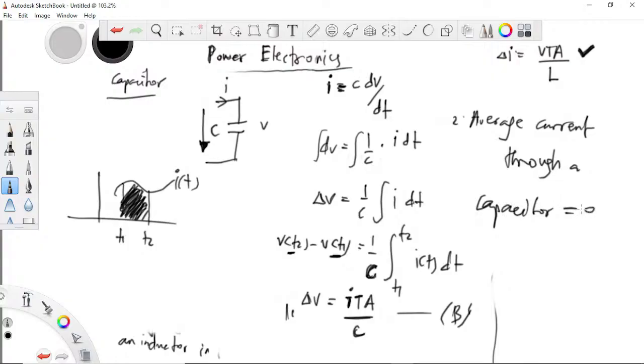For any periodic function, the average is just the area under the curve divided by the period. We'll make use of what I said right now later.